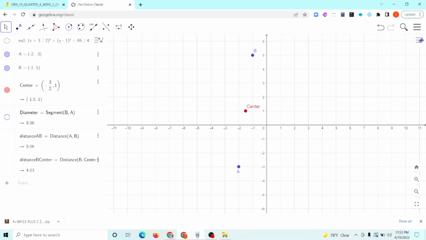The equation of the circle, we've worked it out to be x plus 3 over 2 all squared plus y minus 1 all squared equal to 65 over 4.